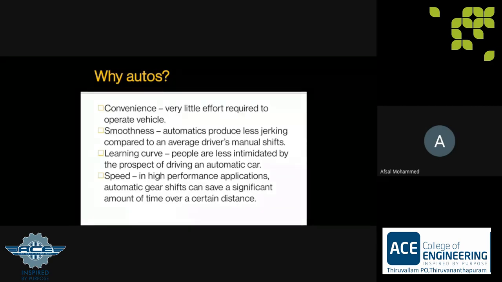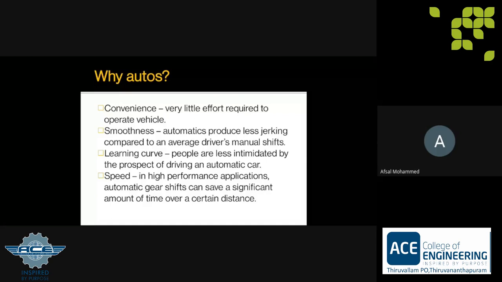And the next point is not one that is of much importance to common people, but in performance oriented usage or in racing, etc., this is of much importance, because the speed of shift in an automatic transmission car is much higher than in a manual transmission. As we all know, robots can do a much better job at something that is being continuously done and there is not much change, compared to a human being.